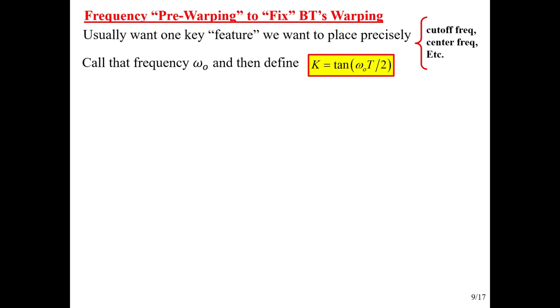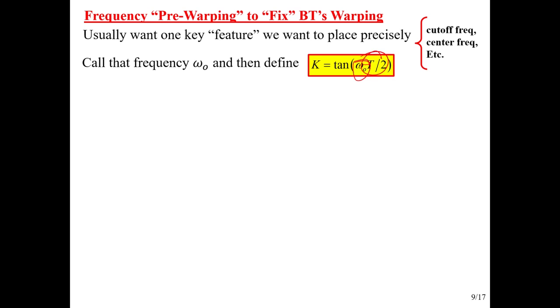It turns out that we can do this pre-warping very easily if we define a number K this way with this tangent function, and we put in the frequency of whatever feature we want to be placed precisely. So cutoff frequency, center frequency, whatever it is, those are the two most common things that we want to end up in the right place. So we put that number in there.